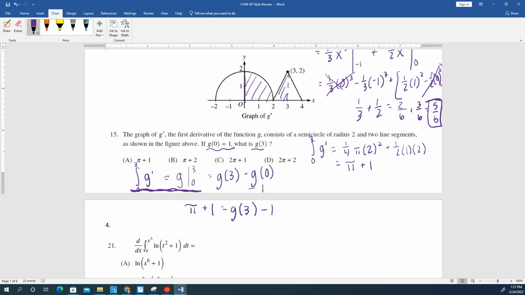Now that I calculated the area under the curve, I can algebraically solve for g of 3, which would be pi plus 2. B, is that right? Yep. Okay, that makes sense. Again, it's a weird way of asking that type of question, but it combines the fundamental theorem of calculus and definite integrals as area under the curve.